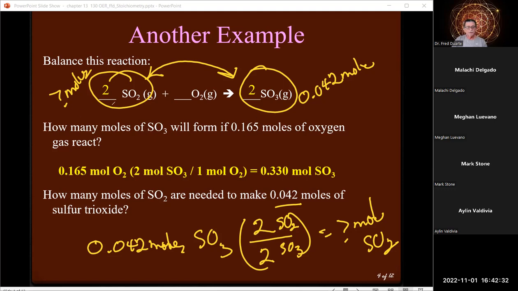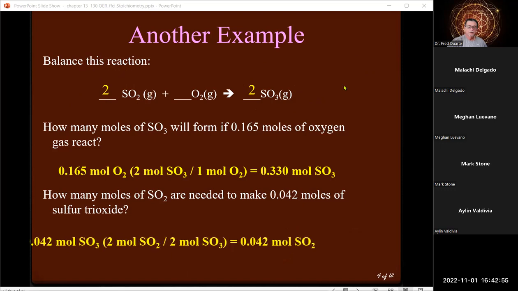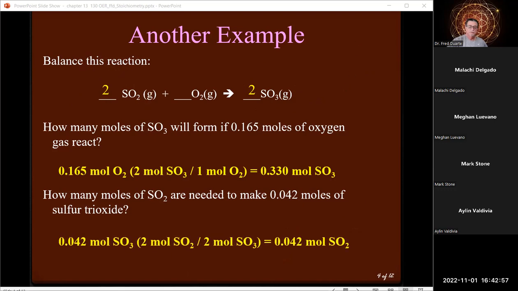It's a 2 to 2 ratio, essentially 1 to 1, obviously the 2's cancel. Units here cancel, SO3 cancels, leaving me with SO2, sulfur dioxide. So if I need 0.042 moles of sulfur trioxide, see my units cancel there, leaving me with SO2 units.